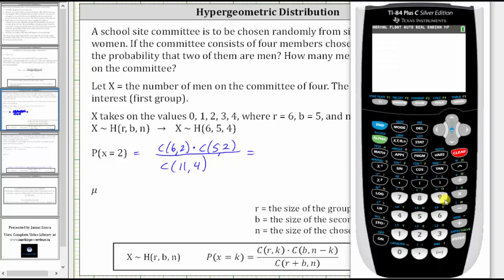We need the numerator in parentheses, so we enter open parenthesis, and then for 6 choose 2, enter 6, math, right arrow to probability, select option 3 for combination, enter 2, right arrow, times, for 5 choose 2, enter 5, math, right arrow to probability, select option 3 for combination, enter 2, right arrow, close parenthesis for the numerator, and then divided by 11 choose 4, enter 11, math, probability, number 3, and then 4, and enter.